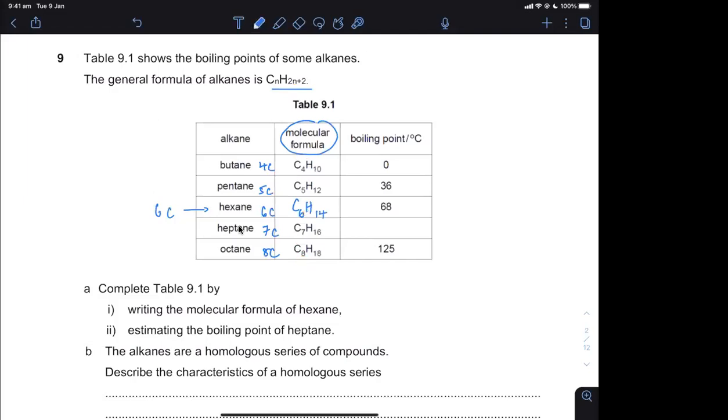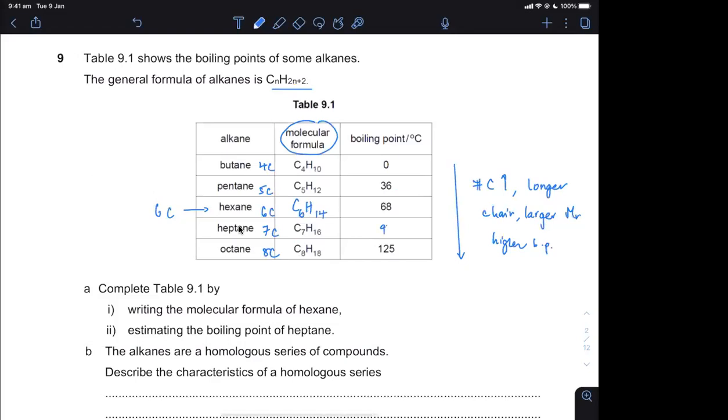As the carbon chain increases, the number of carbon increases. This is a longer chain, or you say larger relative molecular mass, MR. Year 9 and year 10 students have learned this: larger MR, and therefore higher boiling point. So these are your explanation. But looking at this, it increased by around 30, this increased by around 30, give or take.